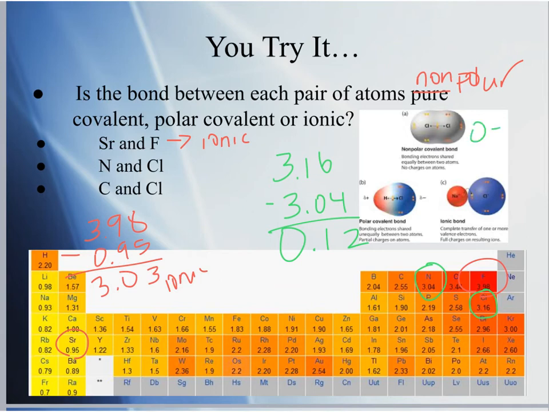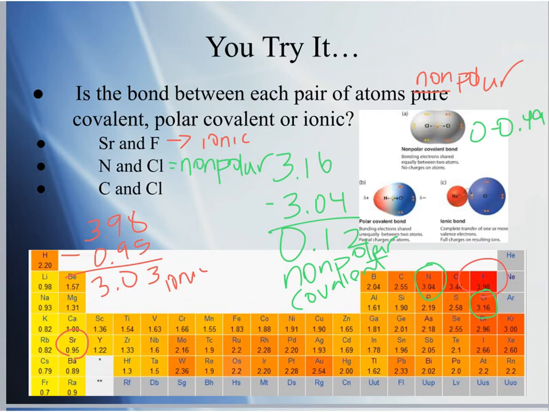Remember, nonpolar is 0 to 0.49. 0.12 is in between, so that is definitely a nonpolar covalent bond. What that means is that when nitrogen and chlorine hook up and share electrons with each other, they're sharing fairly. Neither is hogging the electrons more than the other.